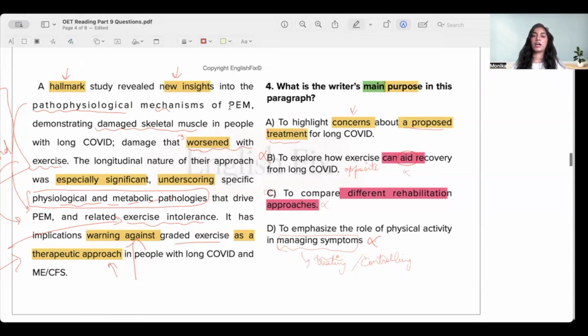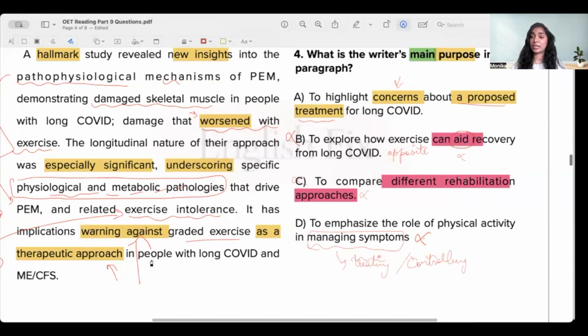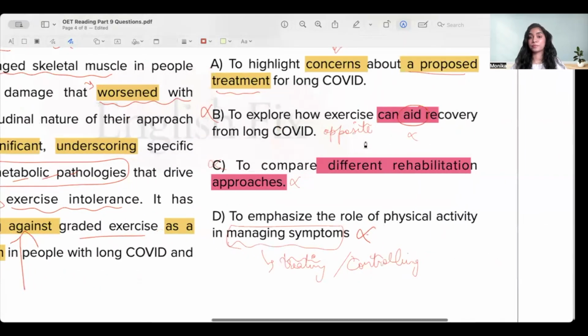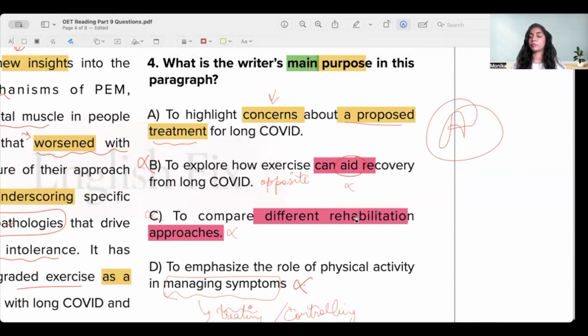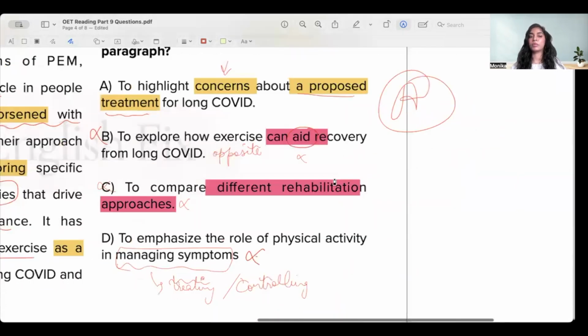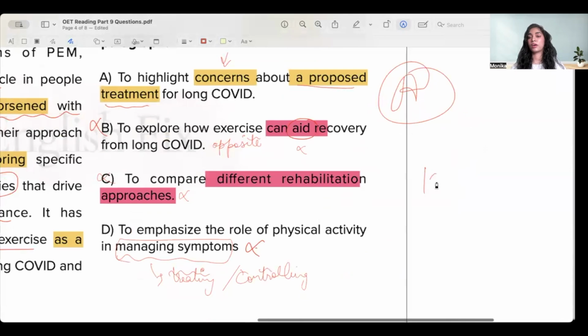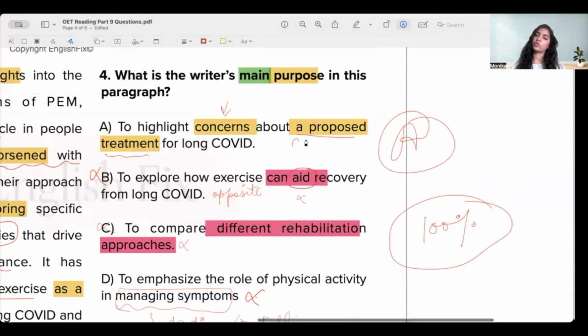They are saying that, listen, if you're thinking of taking exercise as a treatment, don't. So answer option A becomes the right answer because I have eliminated all three other options with 100% certainty, which is why even if I am doubtful about a certain thing, I can still choose it to be my right answer.